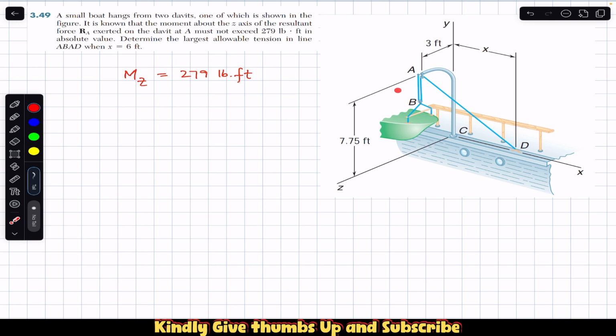So for that, I have to cut these ropes in order to consider the forces at point A, since we want to find the moment of the resultant at A about the z-axis. So for that, I have to cut these three ropes here, you guys can see, and here.